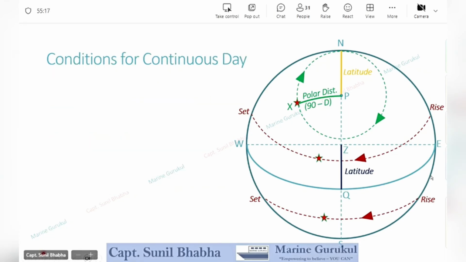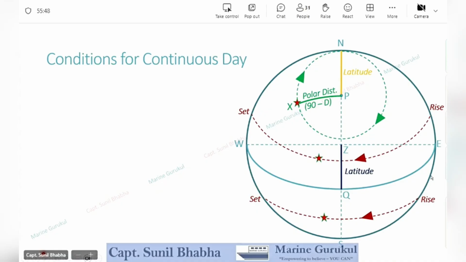Now we have seen that when a celestial body becomes circumpolar, it remains above the horizon of the observer for full 24 hours. Now if the same concept is applied to the sun, that means for a particular observer, if the sun becomes circumpolar, it will mean that the sun will remain above the horizon of the observer for full 24 hours of the day.